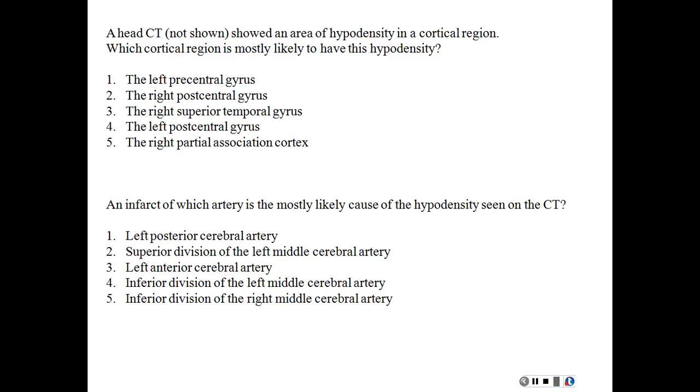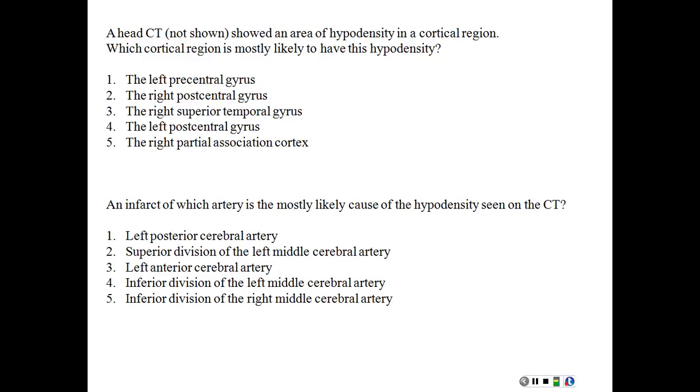So it's got to be left. So we've got a left precentral gyrus, a left postcentral gyrus. The precentral is the primary motor cortex, and the postcentral gyrus is the primary somatosensory cortex. This is a motor deficit. All the sensory functions were fine. So it's got to be that left precentral gyrus, the primary motor cortex on the left side.